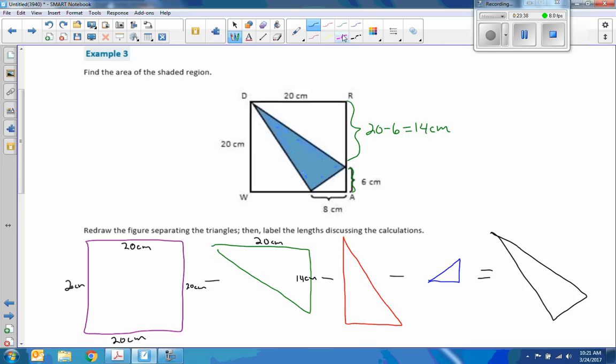Now if I move to the red triangle, that's right here. I know that this is 8, and then this piece here would be 20 minus 8, because the whole thing is 20. It's equal to the opposite side. 20 minus 8 is 12. So I know that this is 12 centimeters tall.